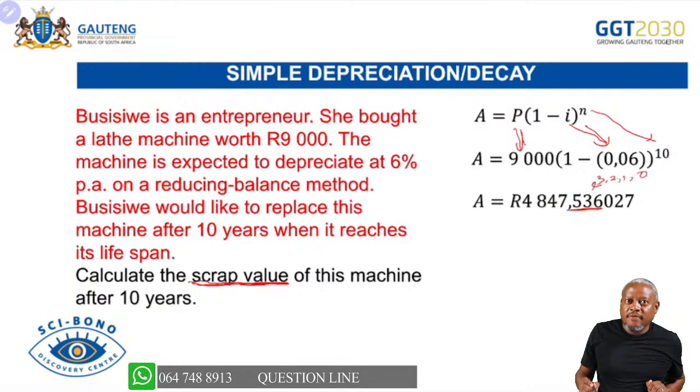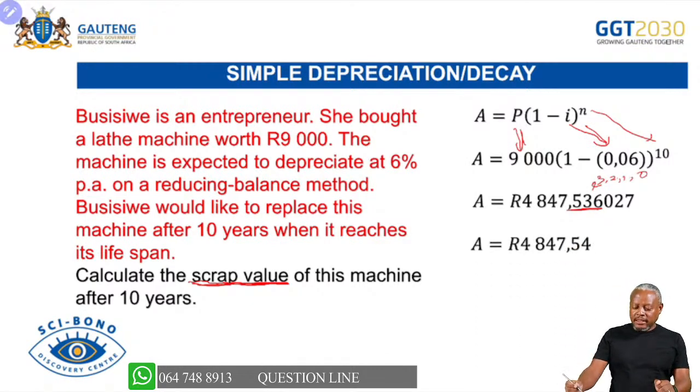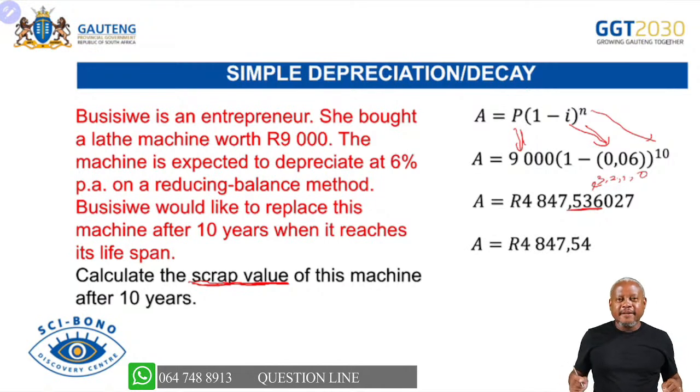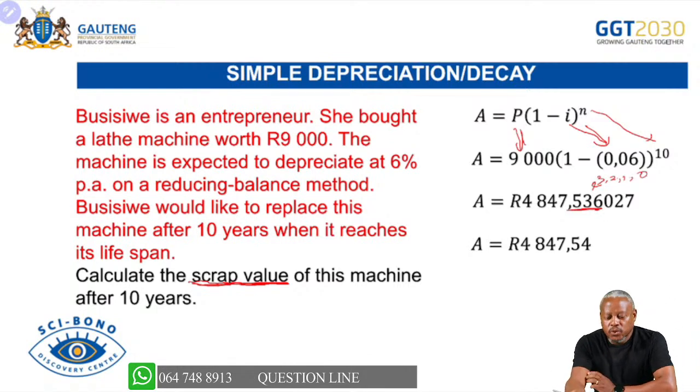But now we've got a number greater than 5. So it means you're going to remove this one and shift it to this one to make it 54. So our final answer will be 4,847,54. Why? Because here it's a value more than 5, then we just add 1 there, to make it a correct answer.